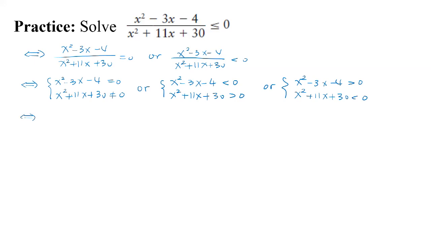And this is equivalent. In order to solve them, it's better to factor each expression, right? For the first one, it is factored to x minus 4 and x plus 1 equals 0. For the next one, it can be factored to x plus 5 and x plus 6 cannot be 0, right?